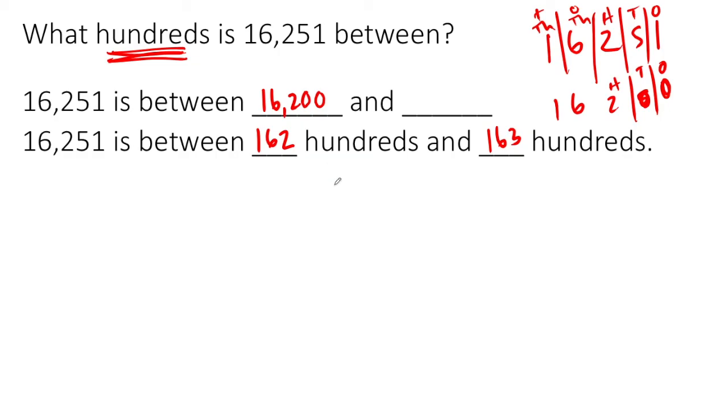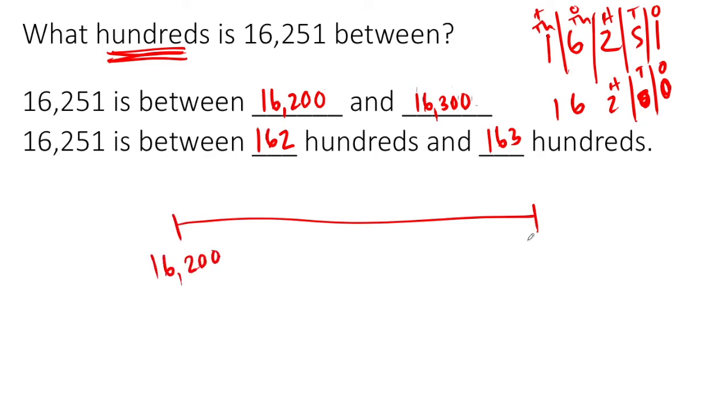If we know it's 162 hundreds and 163 hundreds, this would be 16,200, and up from 16,200 would be 16,300. So if I'm imagining a number line, 16,200 was down here, 16,300 was up here, we know my number would be somewhere here in the middle of those two.